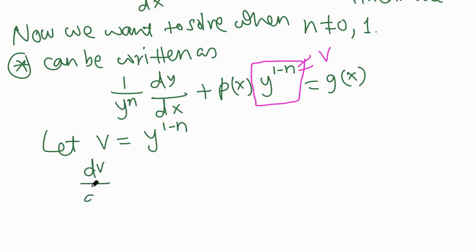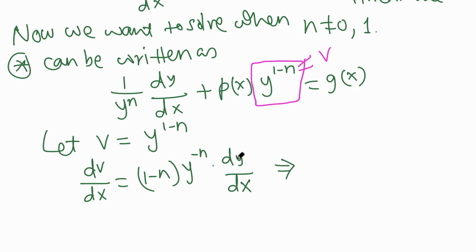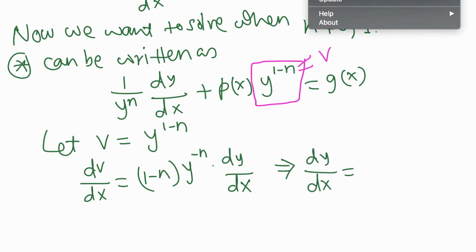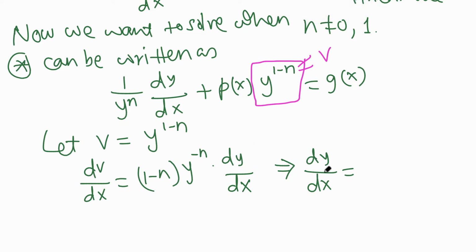So dv/dx will be (1 minus n) y raised to 1 minus n minus 1, so y^(-n), times, from the chain rule, dy/dx. That means dy/dx is this divided by this: 1 over (1 minus n), y to the negative n on the bottom means y to the n on the top, dv/dx.